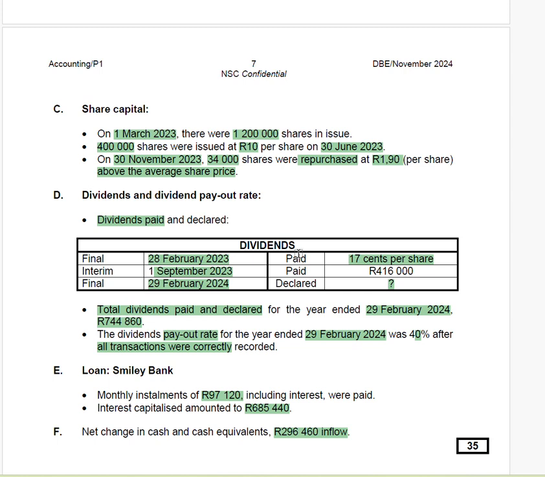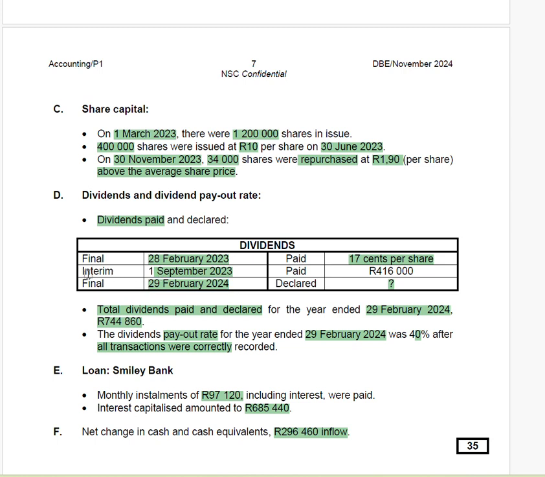It is for that reason that for our cash flow statement, we need to ascertain what the final dividend amount declared for the previous financial year, or rather 28 February 2023, was. Once we've ascertained that information, we're going to use it for the purpose of our cash flow statement.